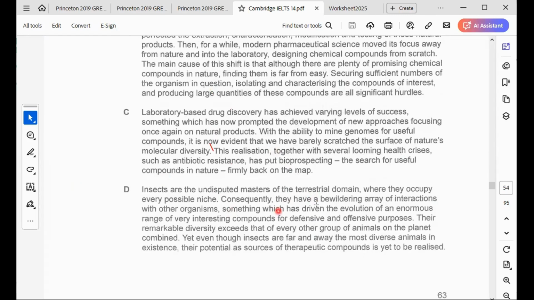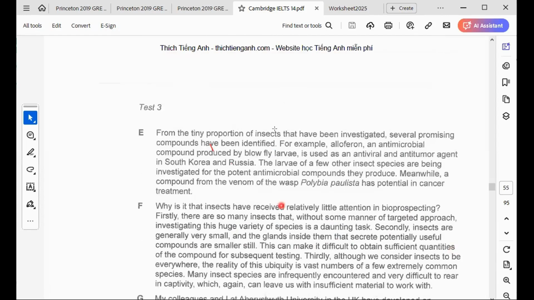Something which has driven the evolution of an enormous range of interesting compounds. Their remarkable diversity exceeds that of. Yet, even though insects are far and away the most diverse animals in existence, their potential as a source of therapeutic compounds is yet to be realized.